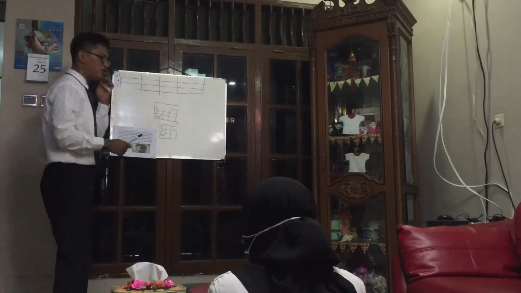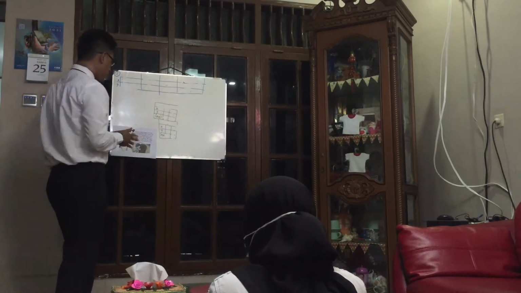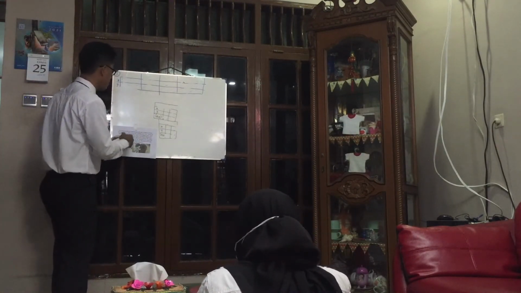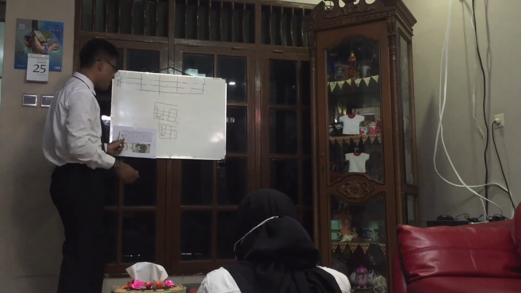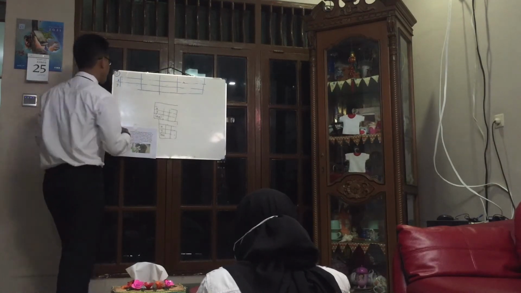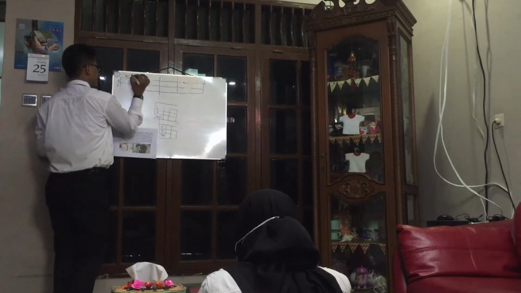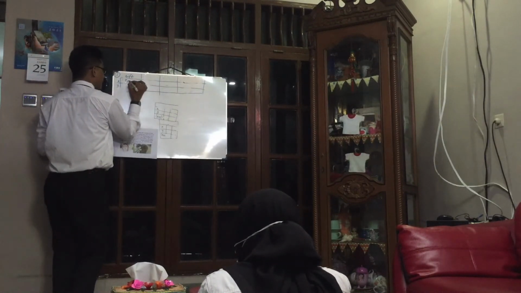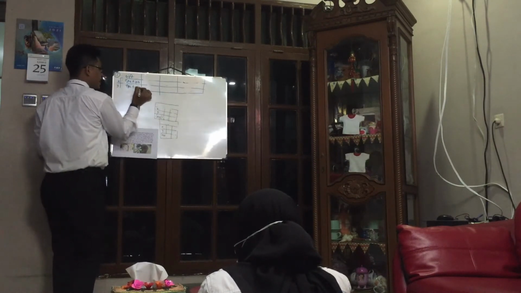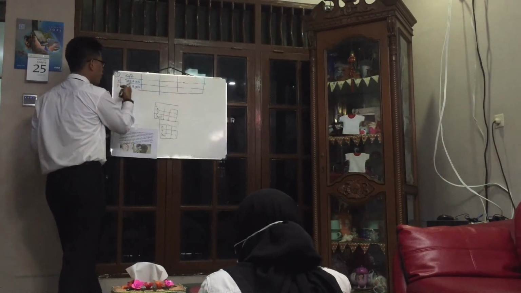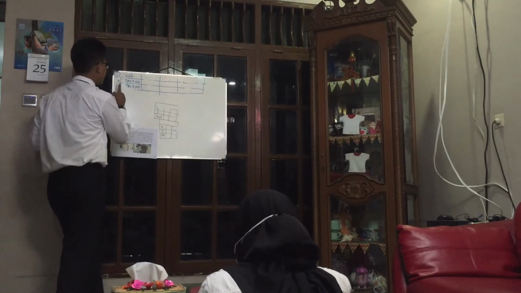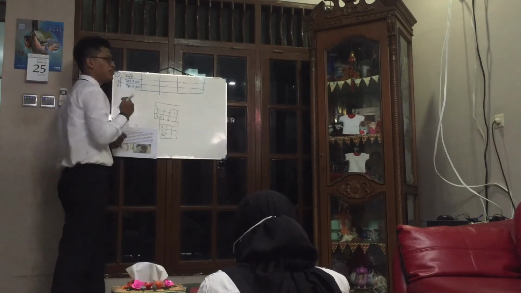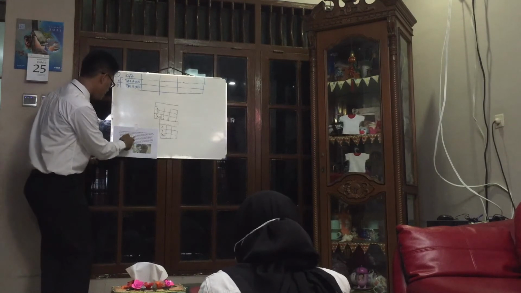Remember the first step, we should make a mathematical model. So we have type A gift and type B gift. We write gift here, type A gift and type B gift. We let X be the number of type A gifts and let Y be the number of type B gifts.